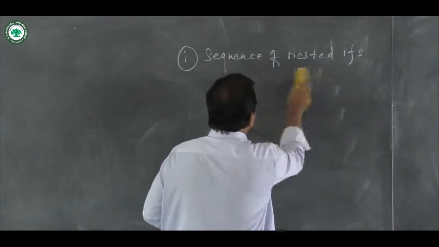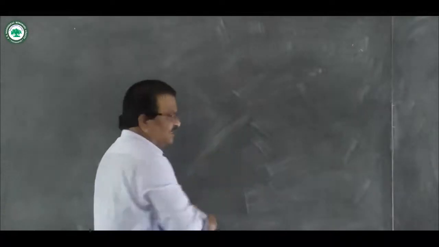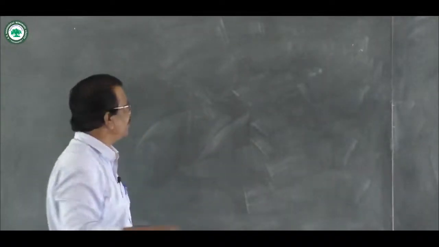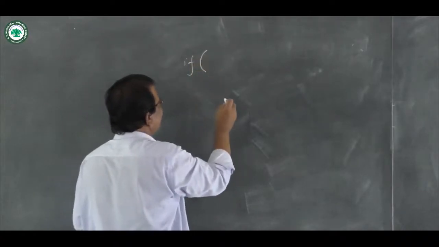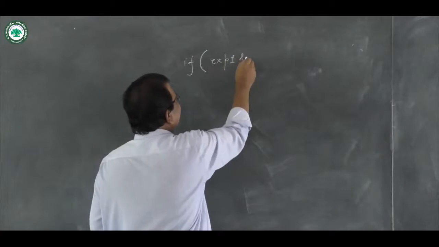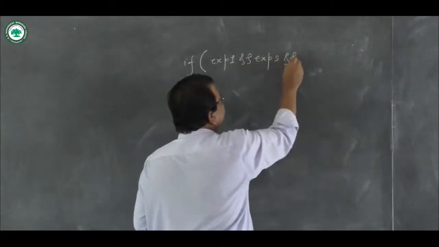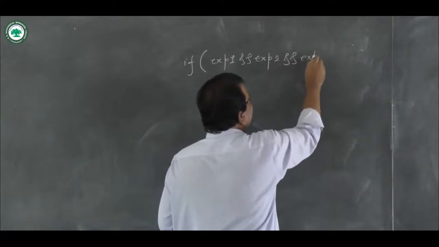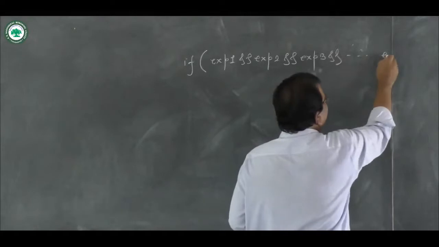The equivalent statement for these nested ifs can be written as follows by making use of the logical operator AND. Expression 1 ANDed with expression 2, ANDed with expression 3, ANDed with expression n.